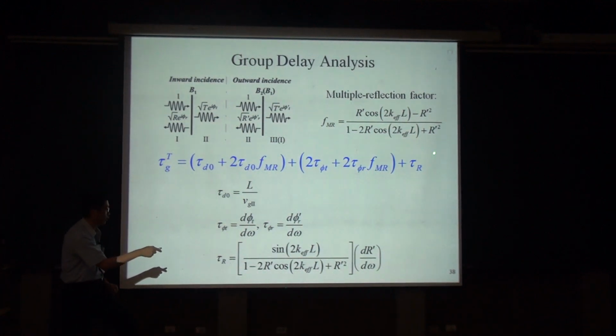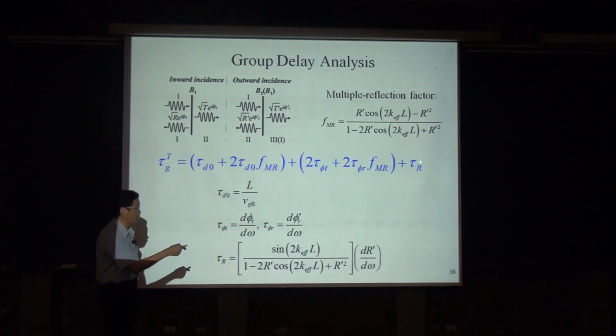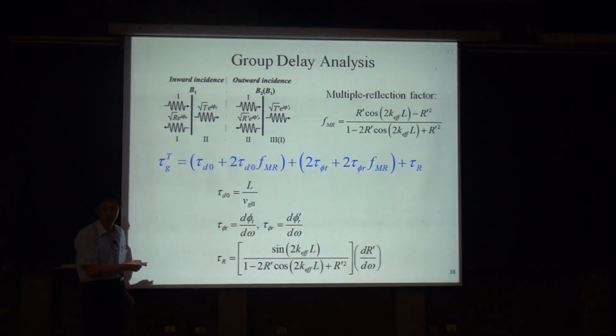And the last one is shown here. This one is the traditional understanding of the tunneling effect, or of the propagating wave. And this one is dispersion behavior. If there are some anomalous phenomena, they will be here. So this equation comprises almost everything.